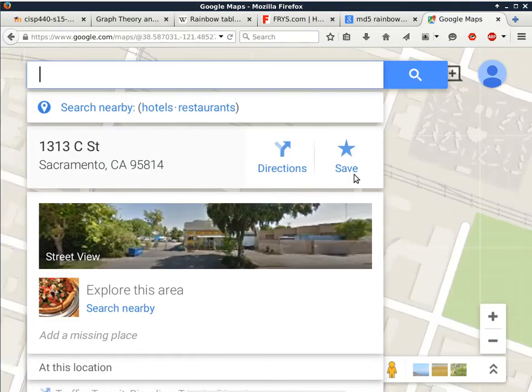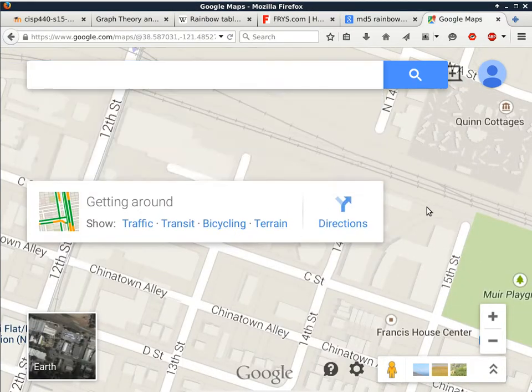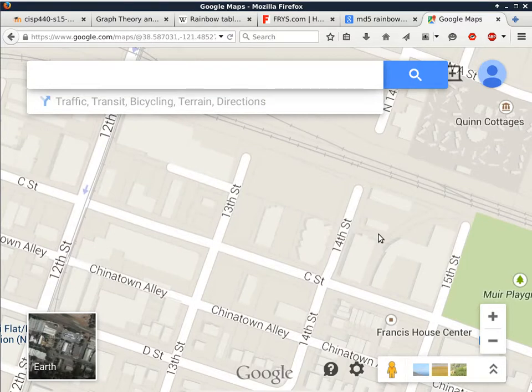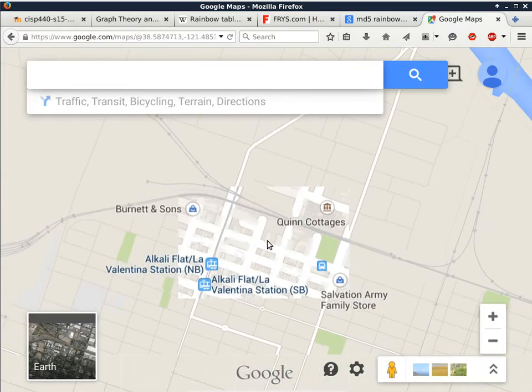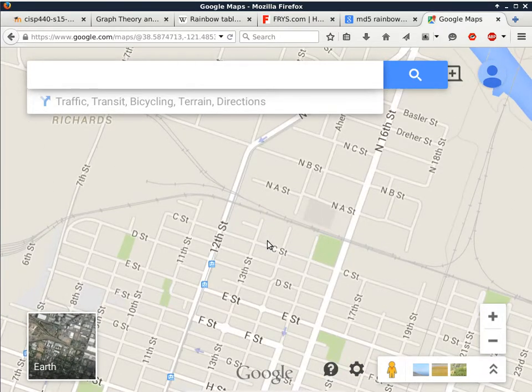So when you go to a particular place, and where is it? I think it's right here. Okay, so when you look at downtown Sacramento, which is what is being displayed here, this can be considered as a graph, where every intersection can be considered as a vertex, and then every segment of road to connect from one intersection to another intersection can be considered an edge.